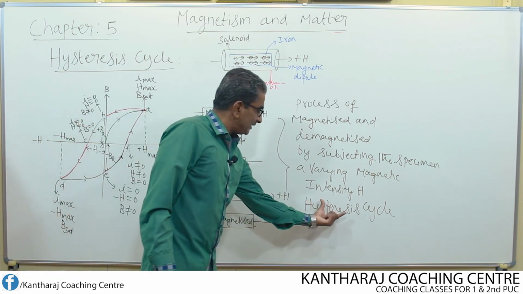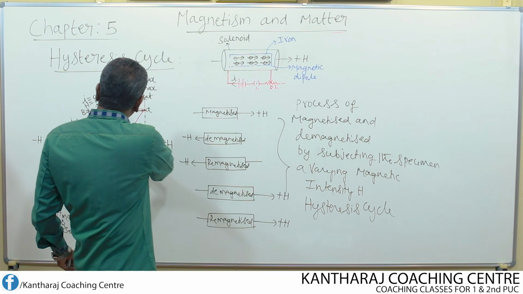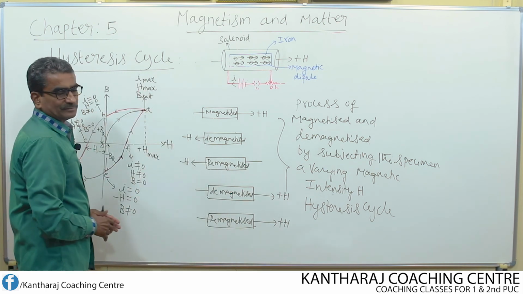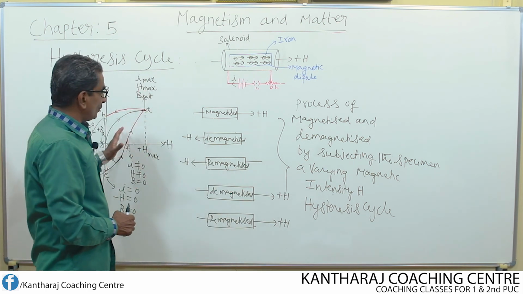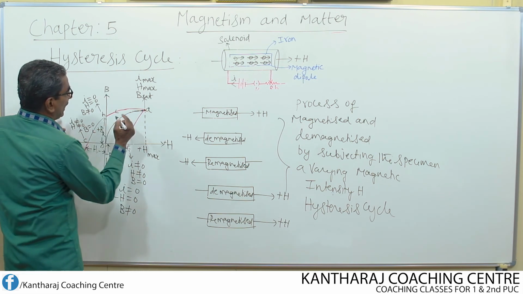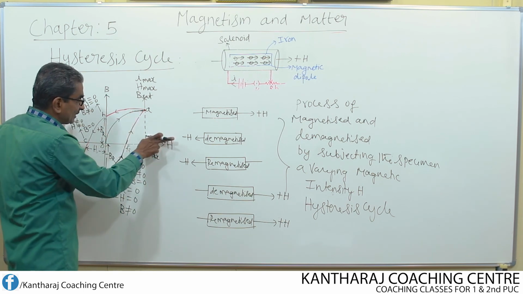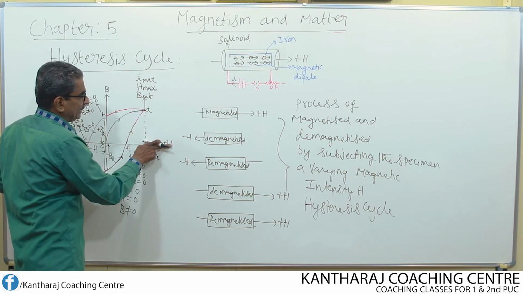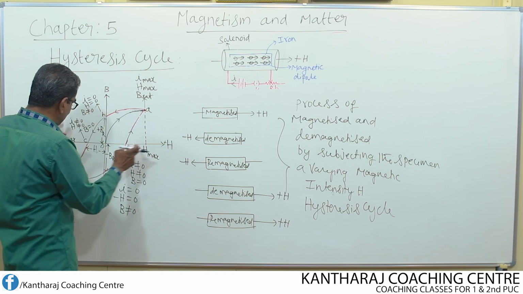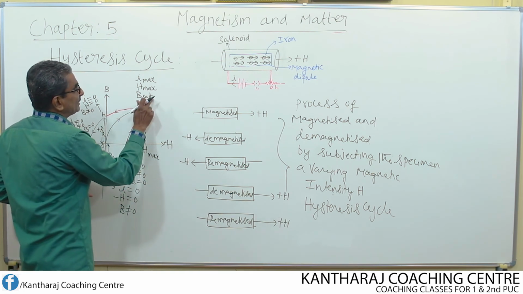Then what is meant by hysteresis? Hysteresis means throughout the cycle of operation, it is found that the value of B used to lie behind H. Even though H used to increase both in the positive direction and the negative direction, the magnetic field B remains saturated.